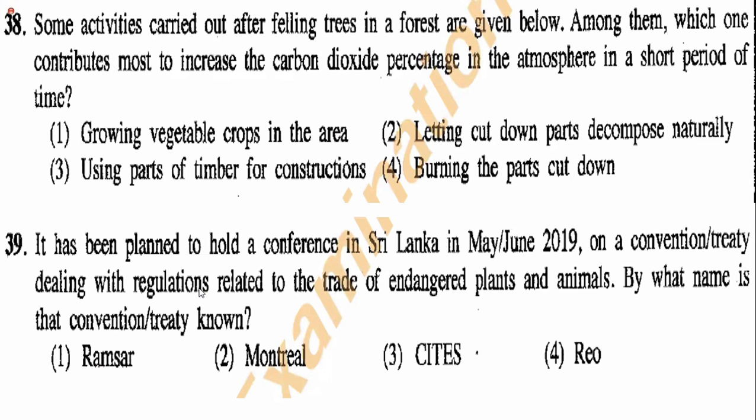It has been planned to hold a conference in Sri Lanka in May-June 2019. A convention or treaty dealing with regulations related to the trade of endangered plants and animals.